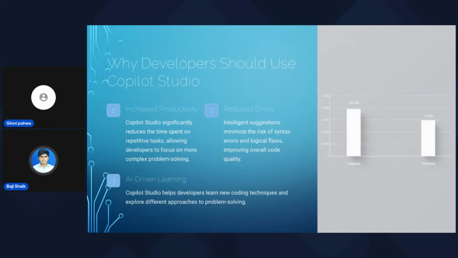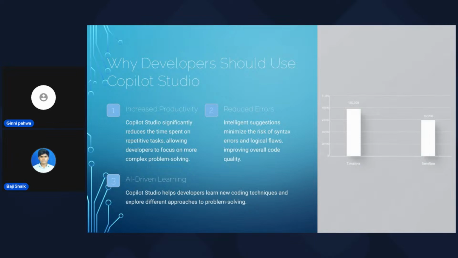Coming to the next slide, we have why developers should use Copilot Studio. See what Copilot Studio is and where it is used. So let's see why developers should use Copilot Studio. The first one is increased productivity, as I said.